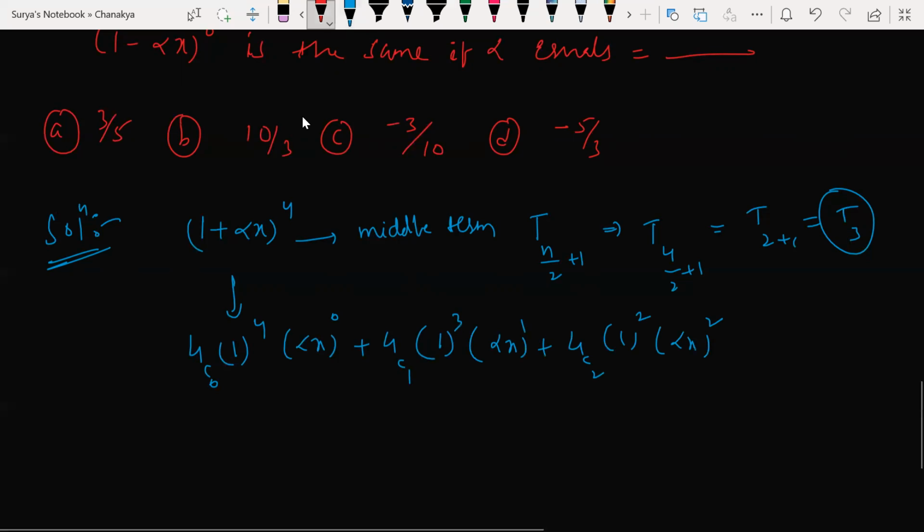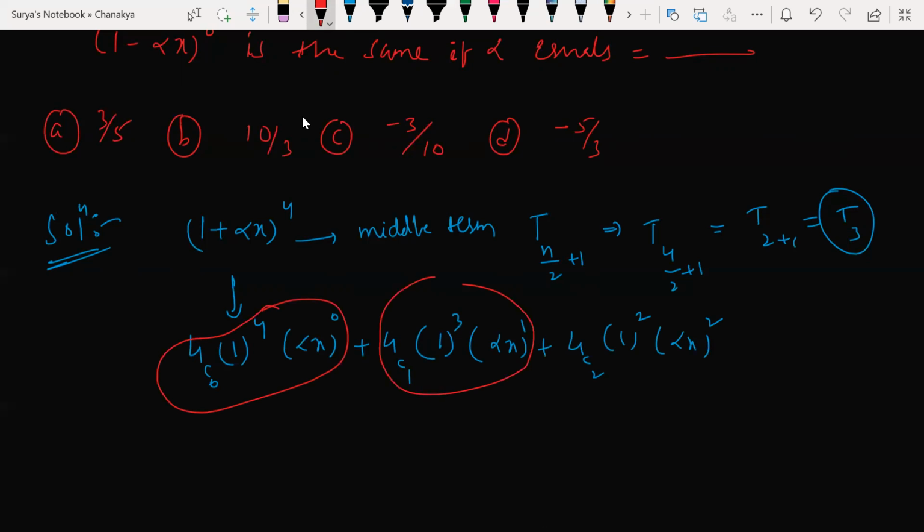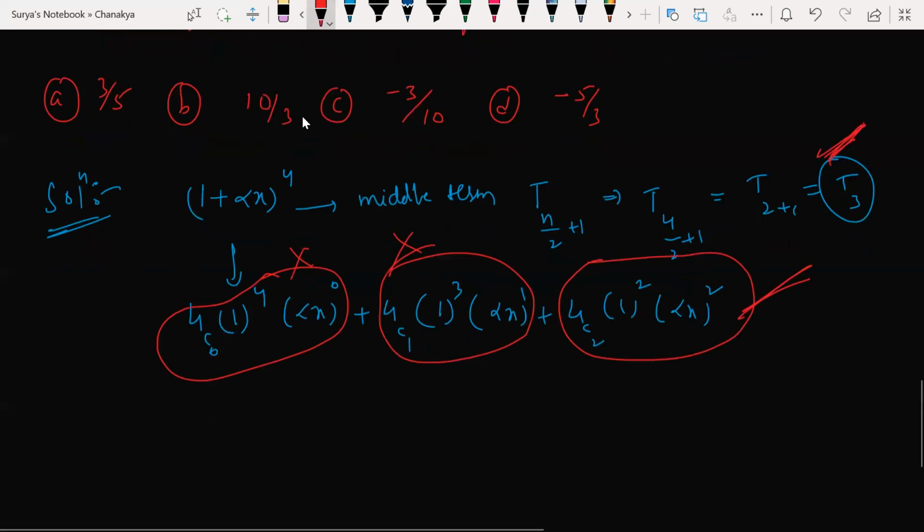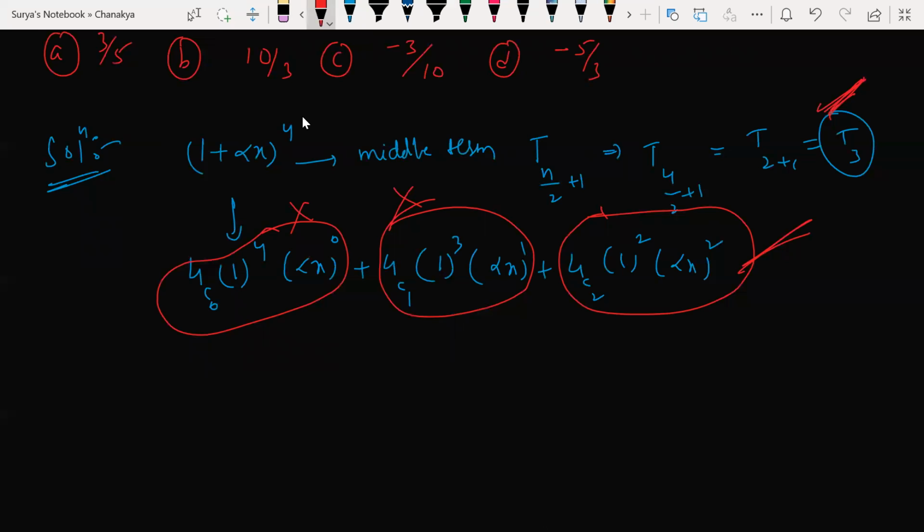This is the first term, this is the second term, this is the third term. We found the middle term is the third term, so we don't want the first or second term; we have to find the third term.